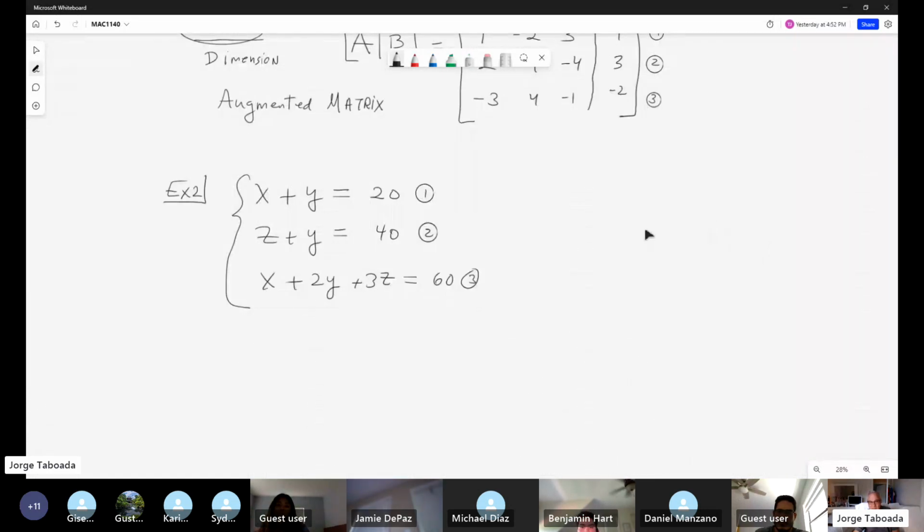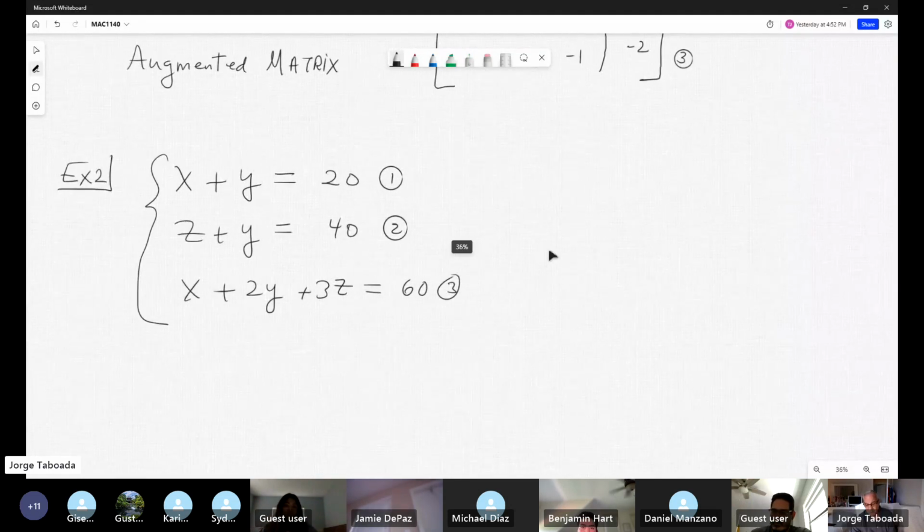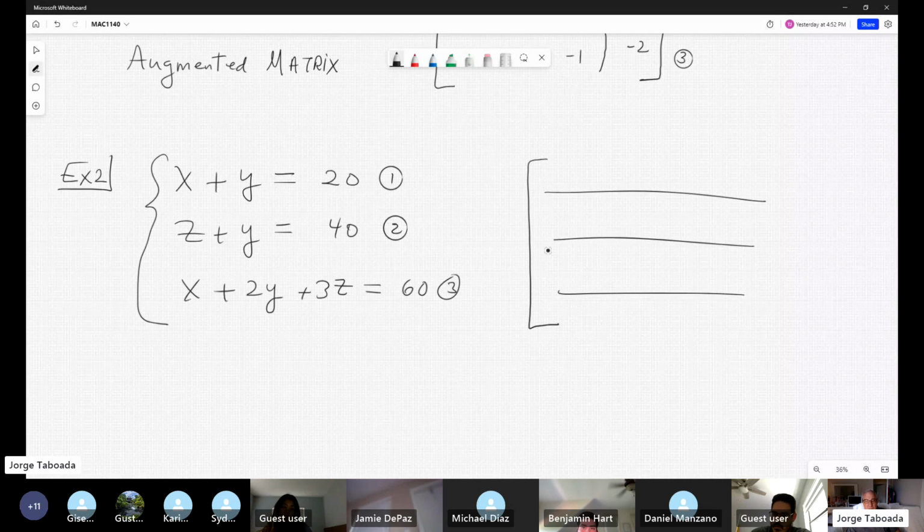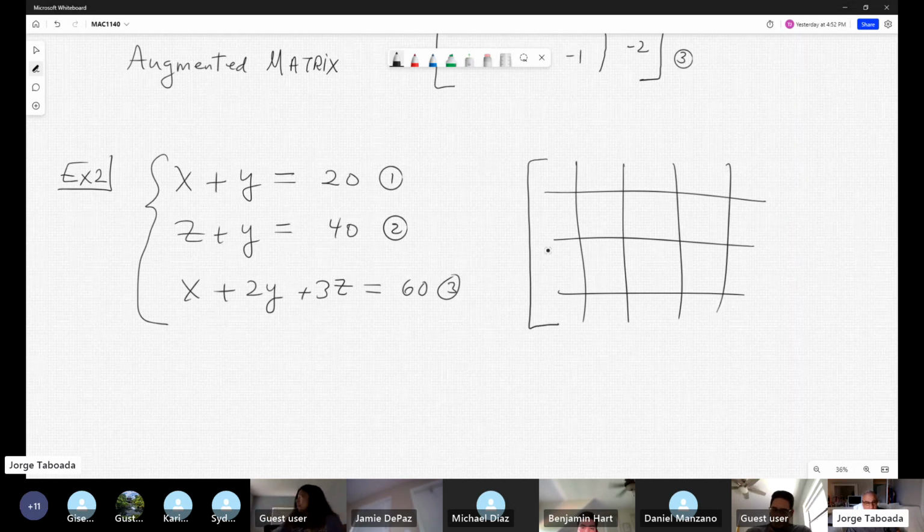Okay, let me try. This looks a little bit easy, but not always is it so easy. Look, I know that my augmented matrix, of course, contains 1, 2, 3 rows. And contains, I suppose, 1, 2, 3, and 4 columns.